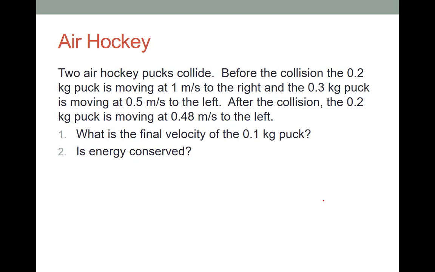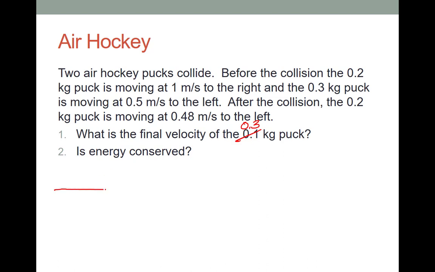And we have the same two questions. What is the final velocity of the other object, which I wrote as a 0.1? It should be a 0.3 kilogram puck. I just noticed that typo. And again, is energy conserved?